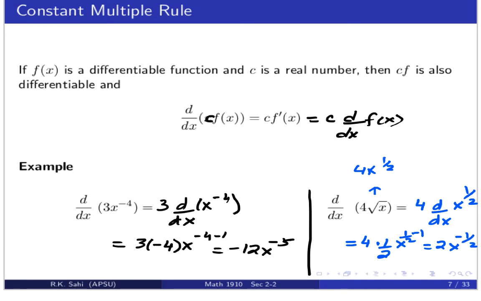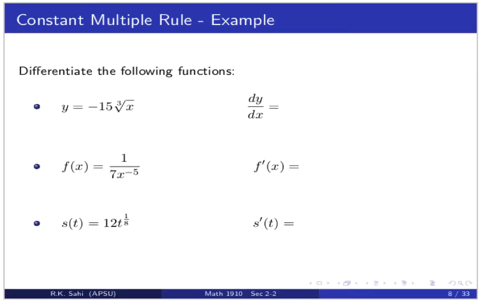Okay, let's do some more examples. Now, if you're given y to be negative 15 cube root of x. So differential of this is basically, now first of all, before I apply the differential, remember cube root of x has to be written in a proper form, negative 15 x to the power 1/3. So the differential of this is what?